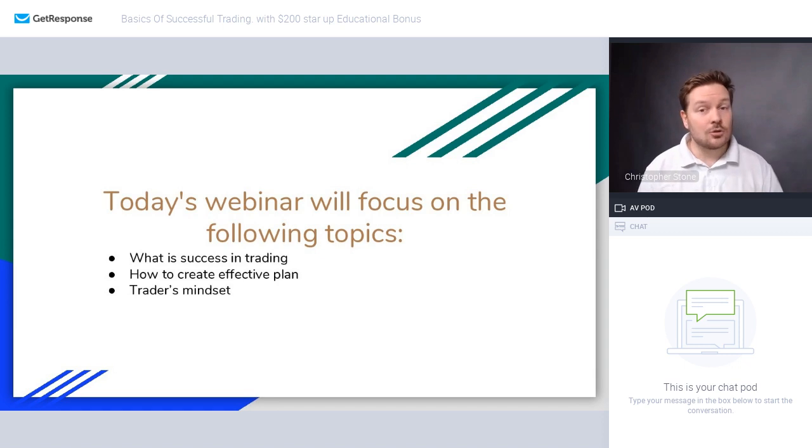an effective plan. The trading plan is a very important thing. You have to remember that by making your trading plan, you are also making your future self. You are making the person you want to become, and it is very important to do it properly. And of course, don't forget about the special traders' mindset.